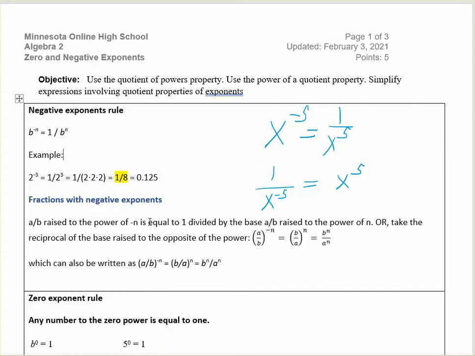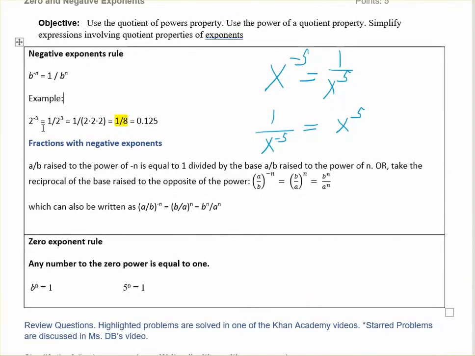The other part of this worksheet is going to deal with fractions that have negative exponents. So if you have a fraction like a over b and it's raised to a negative exponent, that's going to be equal to its reciprocal to the positive exponent. So if you have a over b to the negative n, that's the same as b over a to the positive n.